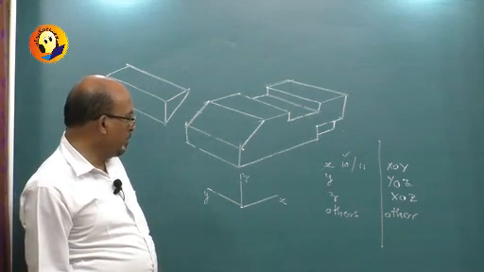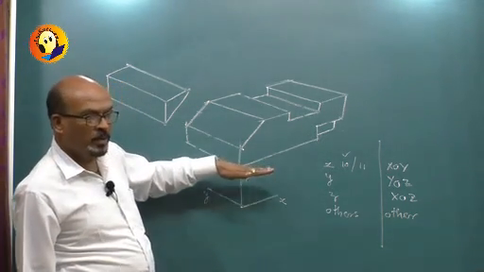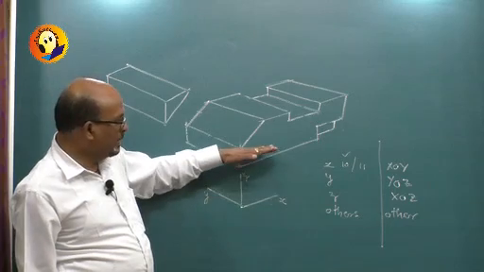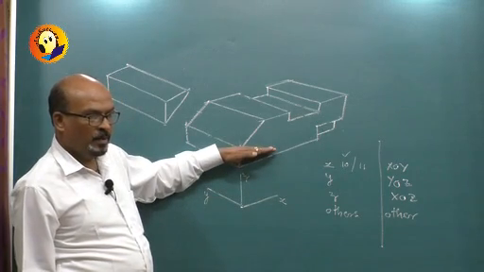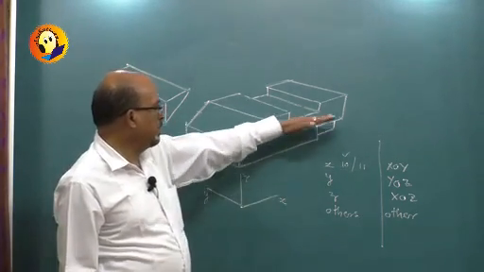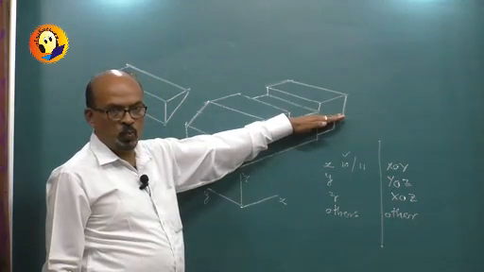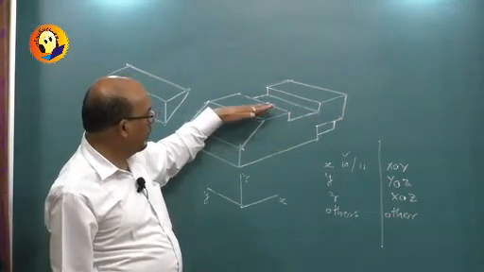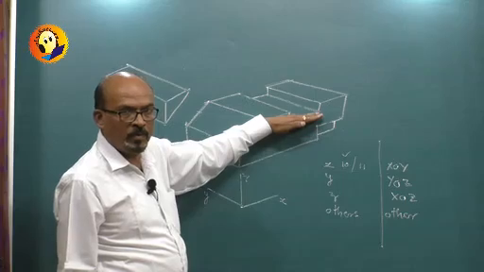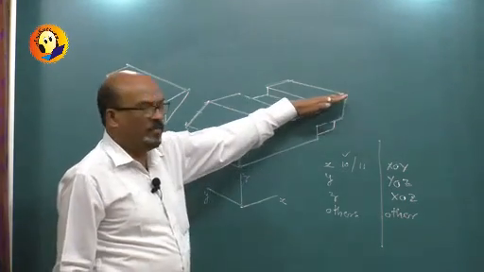Right? Parallel to x, so y planes. 1 is the bottom plane. 1. Second is this plane. 2. Right? 3, 4 and 5.